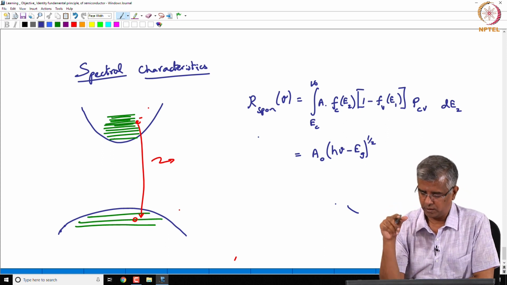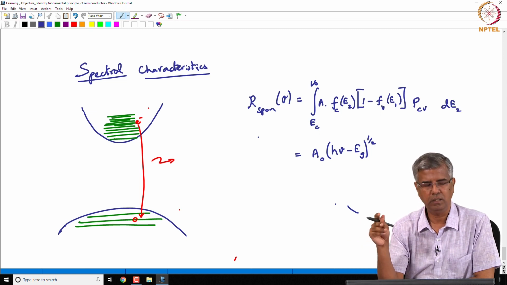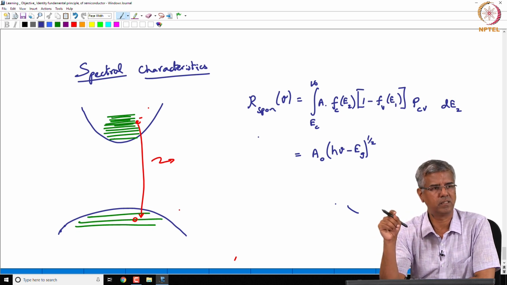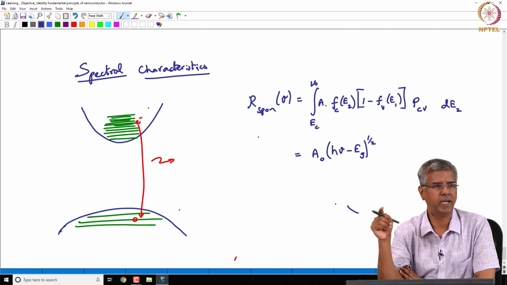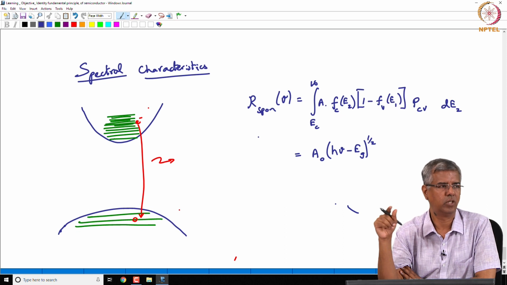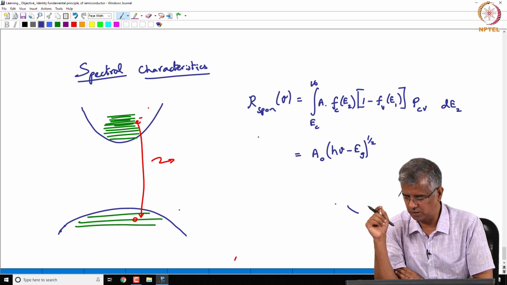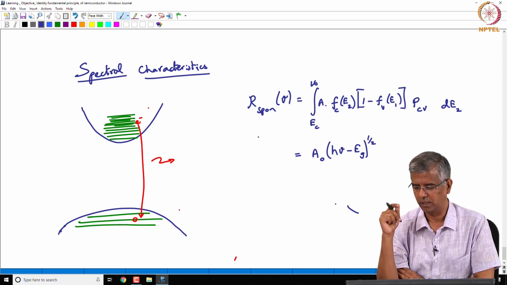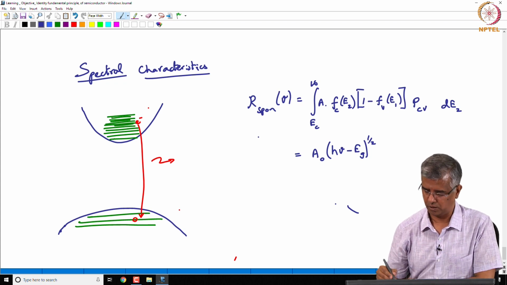So, remember the individual density of states in the conduction band, rho c, what did we say is equal to? (E minus E c) to the power of half, and rho v we said was (E v minus E) to the power of half. That is what defined the individual density of states, but the joint density of states can be expressed as (h nu minus E g) to the power of half.